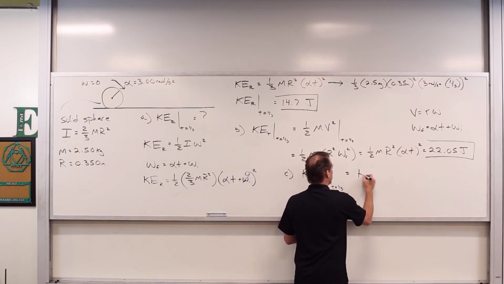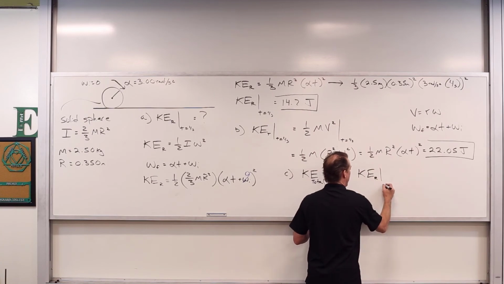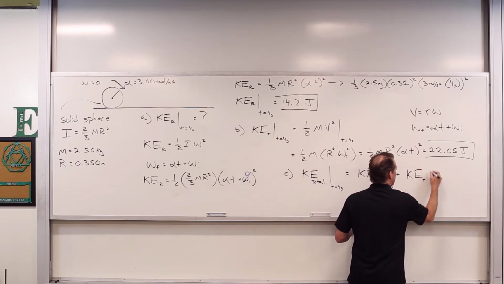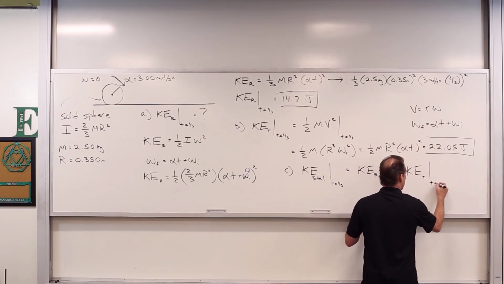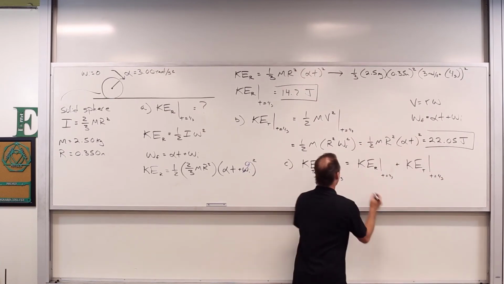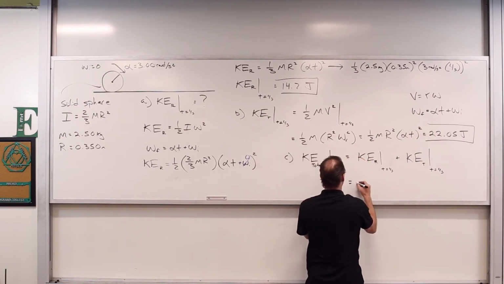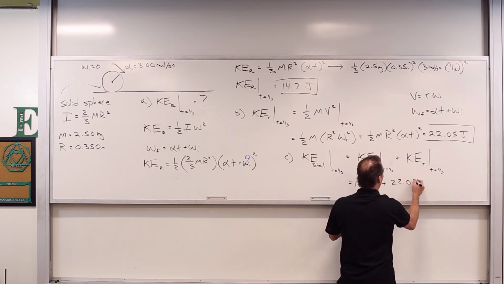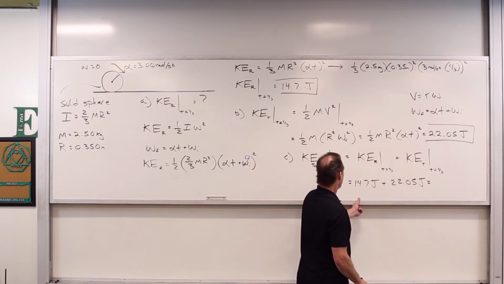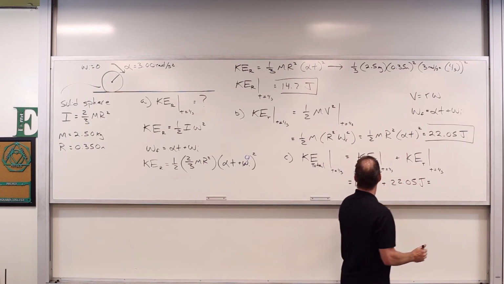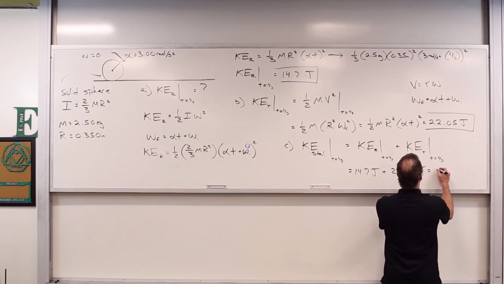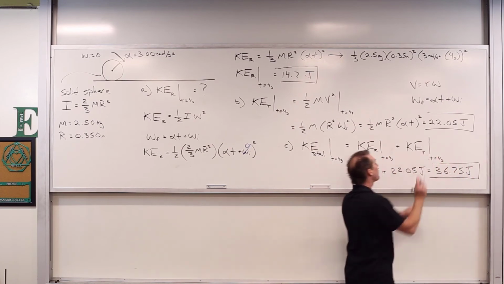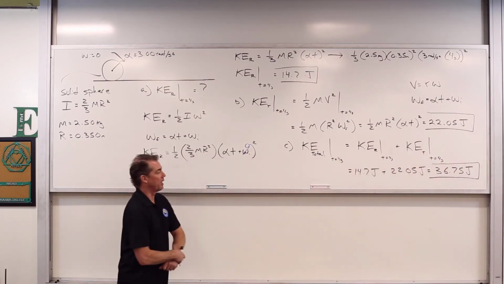So this is going to be equal to KE sub r evaluated at t equals 4 seconds plus KE sub t evaluated at t equals 4 seconds, which is merely just our 14.7 joules plus our 22.05 joules, which is going to give us 36.75 joules of total kinetic energy after 4 seconds has gone by.